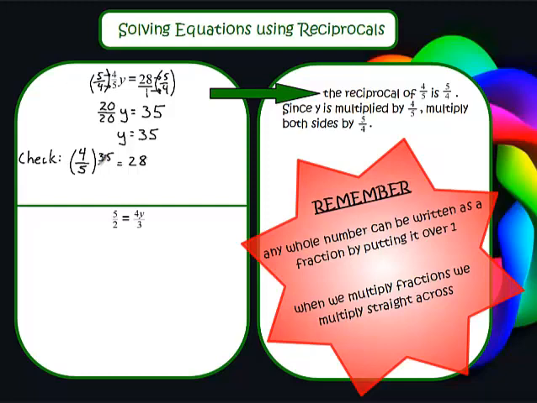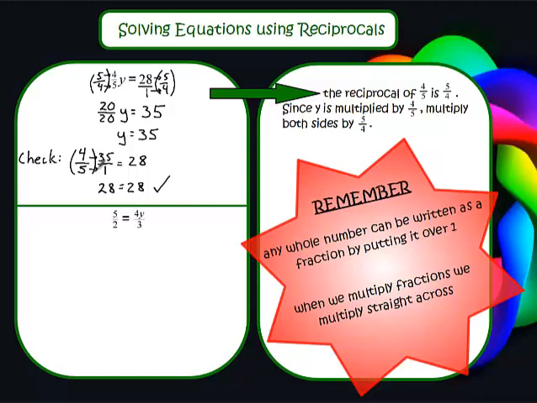And I can put this 35 over 1. So 4 times 35 divided by 5 times 1, which is just 5, is going to be 28. 28 equals 28. Check. Remember, I multiply by going straight across, and then I would end up dividing.